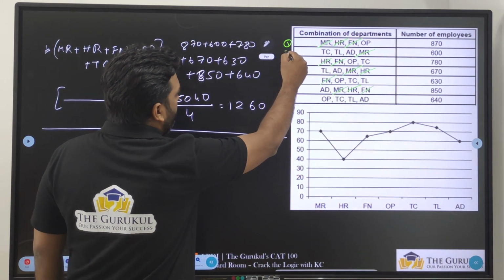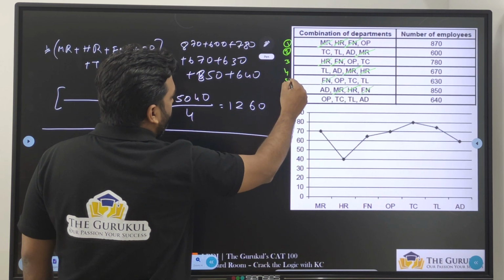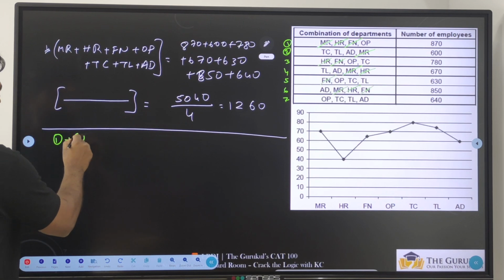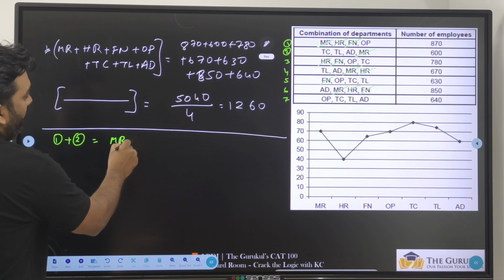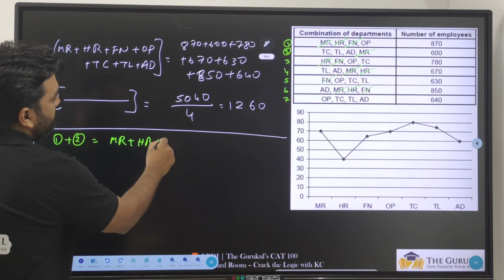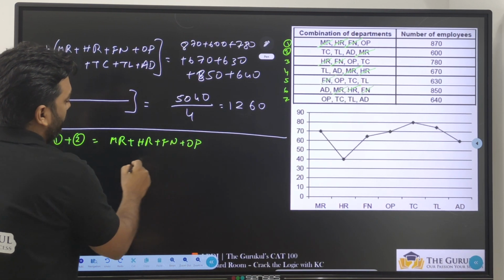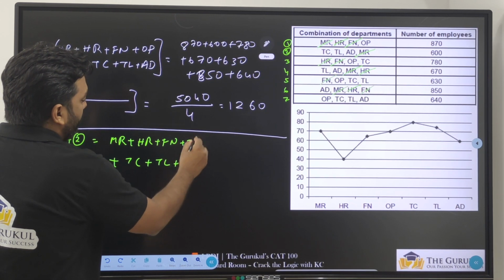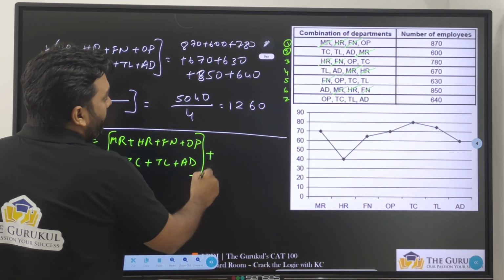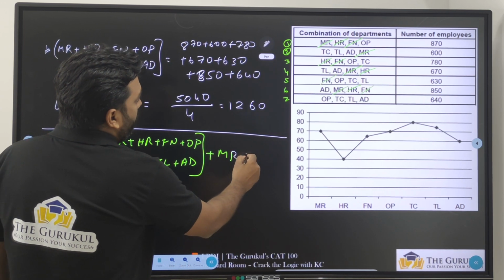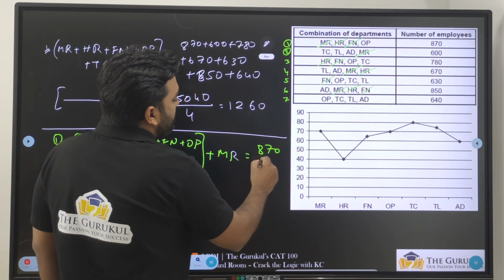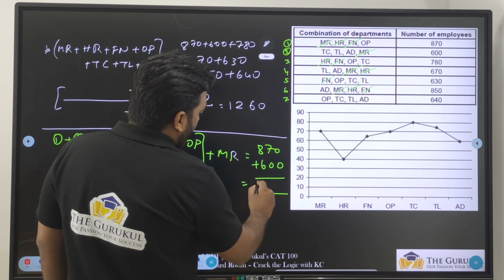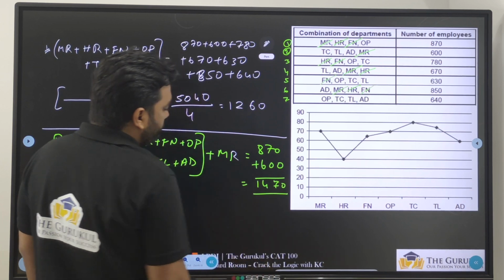If you look at first one and second one carefully, 1 plus 2 will give me MR plus HR plus FN plus OP plus TC plus TL plus AD, sum of everything, plus another MR will be equal to 870 plus 600, which is equal to 1470.